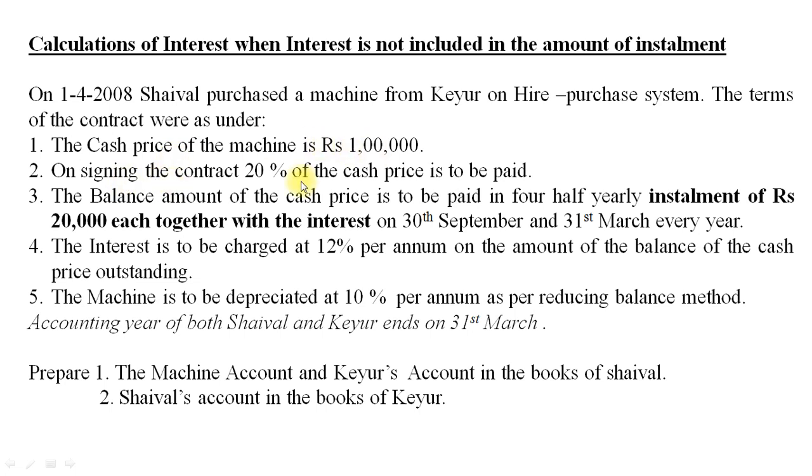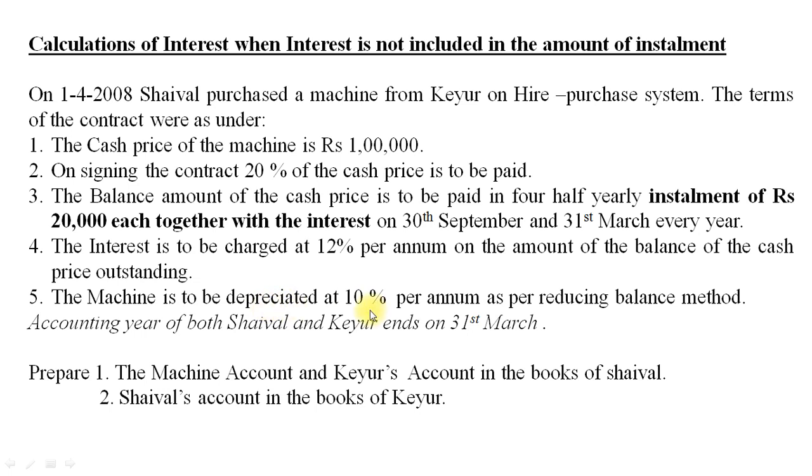On signing the contract, 20% of the cash price is to be paid. The balance amount of the cash price is to be paid in 4 half-yearly installments of rupees 20,000 each, together with the interest on 30th September and 31st March every year.